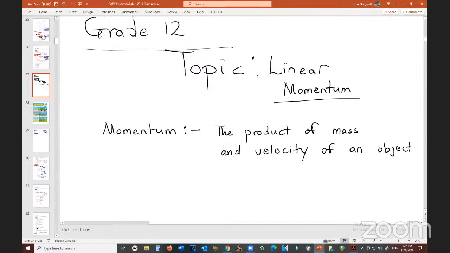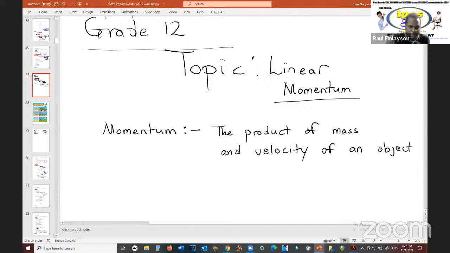So basically, that is what we'll accept. But this topic is concerned with linear momentum. So let's see now. What does the word linear mean?